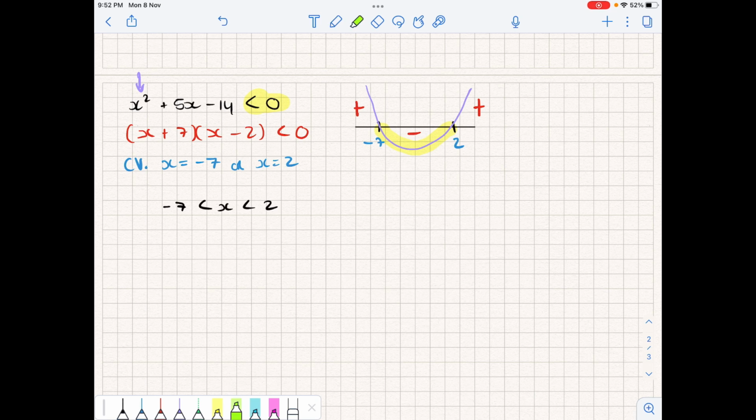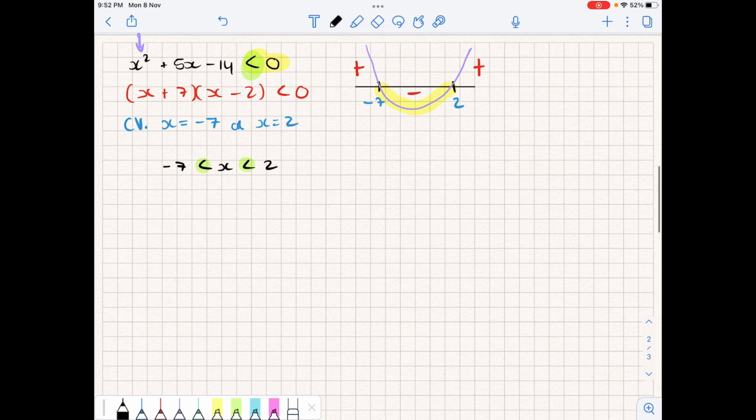Okay, and we are carrying the inequality sign over from the original question. So for instance, if the question had said x squared plus 5x minus 14 is less than or equal to 0, then our solution would have been -7 is less than or equal to x is less than or equal to 2. So it's important that you carry the inequality from the original equation.